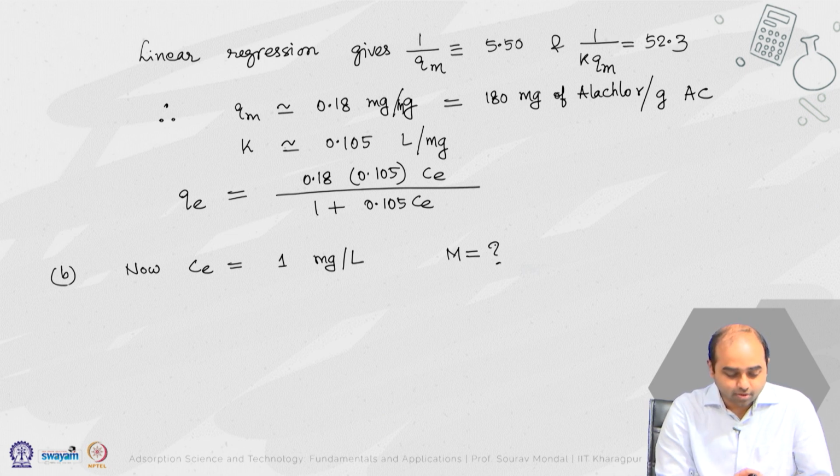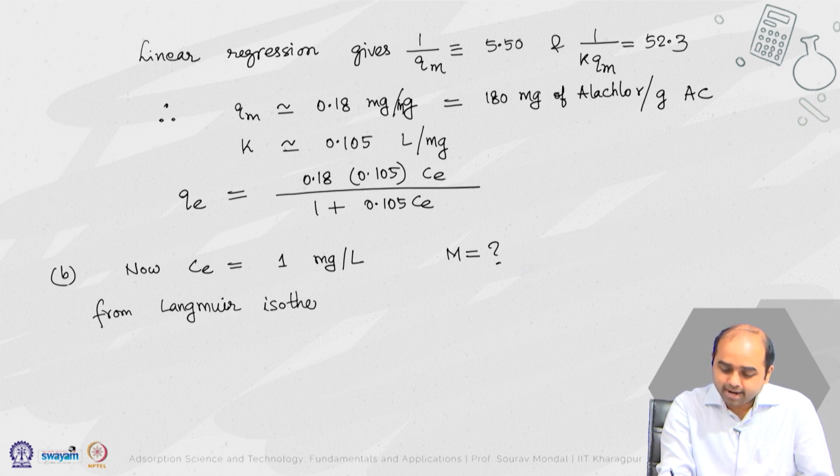From the Langmuir isotherm, we can work out, at this equilibrium concentration of Ce equal to 1 milligram per liter, what the value of Qe would be.